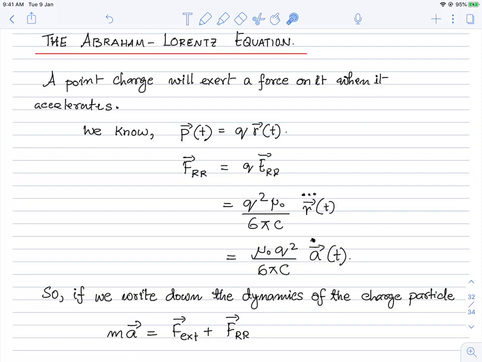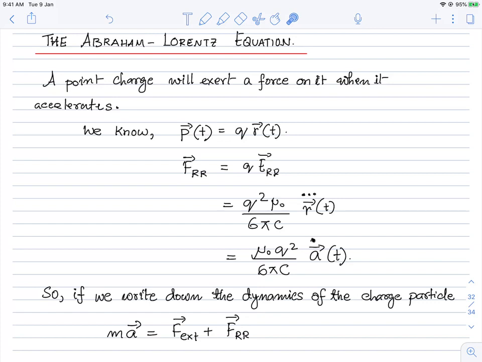It's a very spooky result. If the electron is accelerating, it creates a force on itself which is proportional to the time derivative of the acceleration. If the acceleration is constant, then there is no force. But if the acceleration is changing, then there is a force back on the electron, due to its own fields.